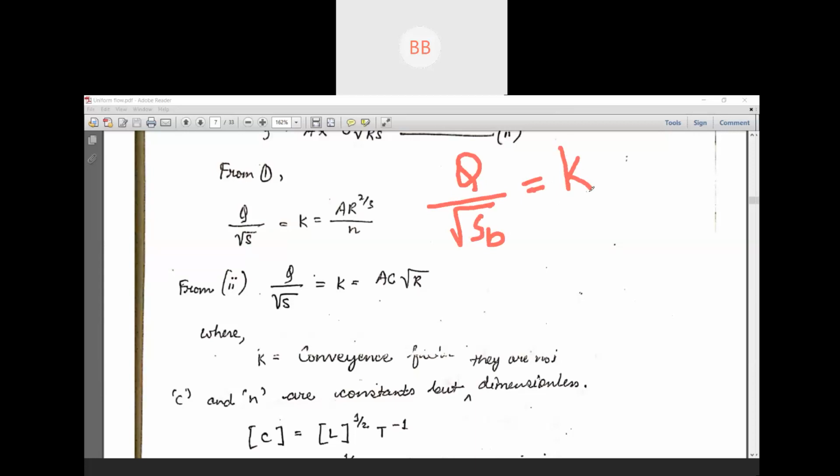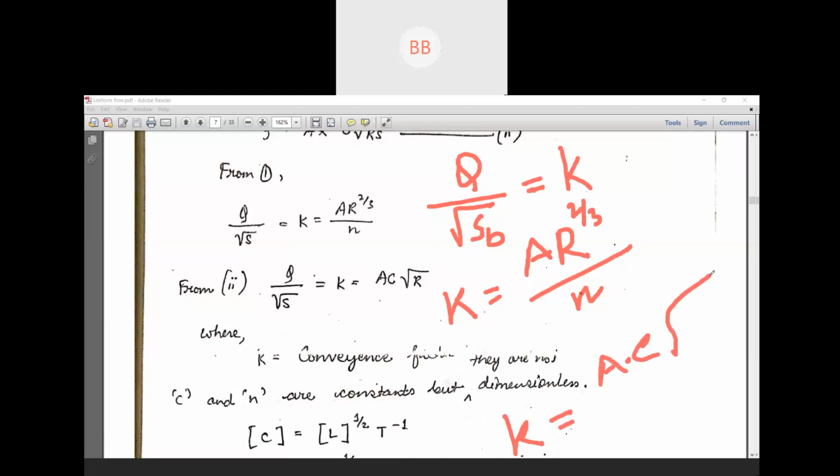If we can find out K, then we can also find out the Manning's roughness coefficient from this equation, or from that same K we can also find out the Chezy's constant from this equation. So K is nothing but your discharge divided by root over bed slope. This is K.